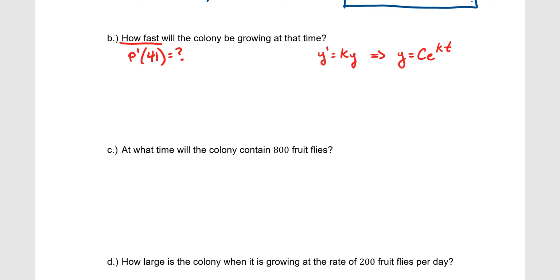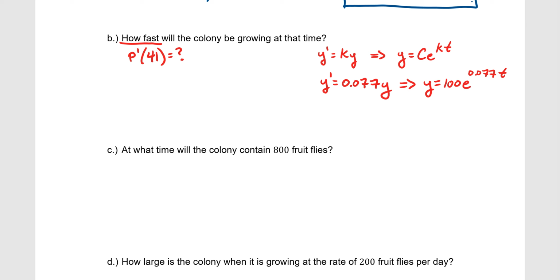We know the differential equation, y prime equals ky, means the solution is y equals c e to the kt. And using our numbers here, k is 0.077. And we had our function, which was, I'm just going to use y instead of P here, y equals 100 e to the 0.077t.